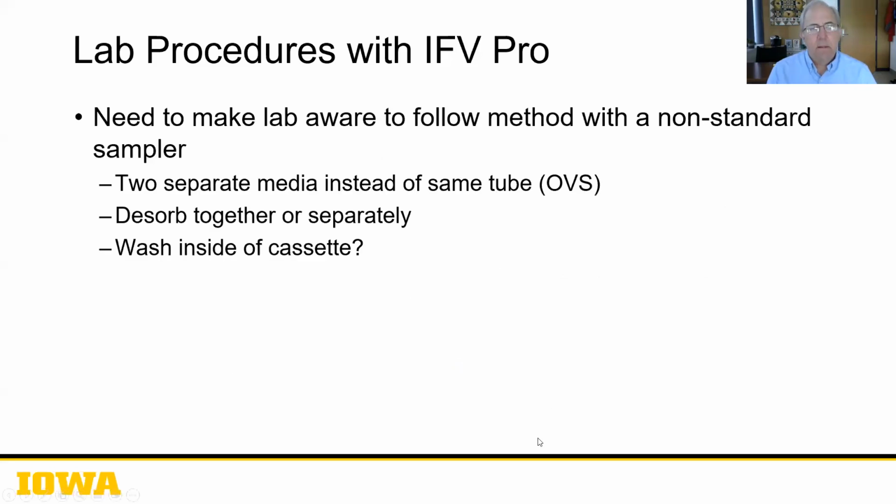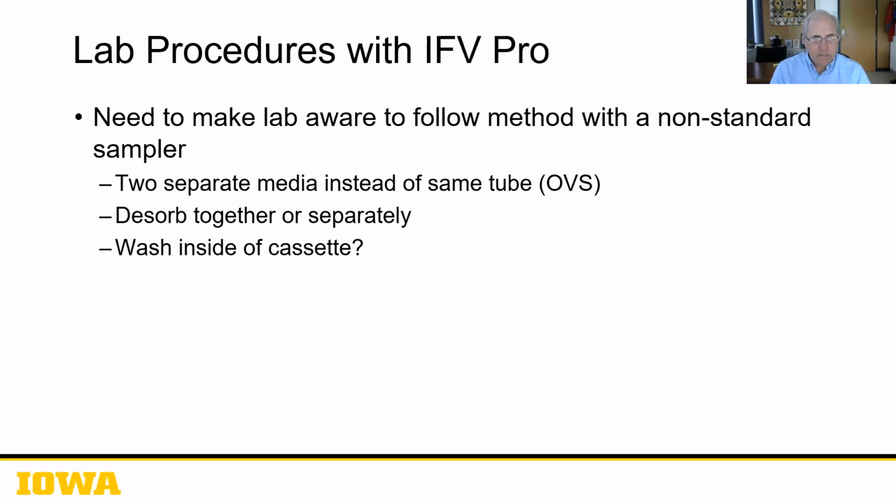And then, you need to work up front with the lab before you even start everything. Make sure they know that they're going to be using a non-standard sampler if you're going to use the IFE Pro, because you have these 2 separate media that are distinctly separate versus them all kind of crammed together in the OVS tube. And you could have them desorbed together or separately.